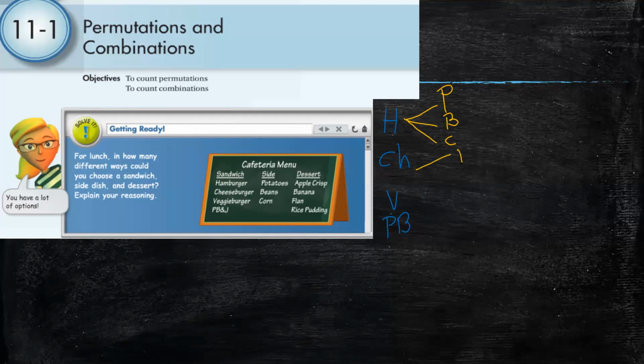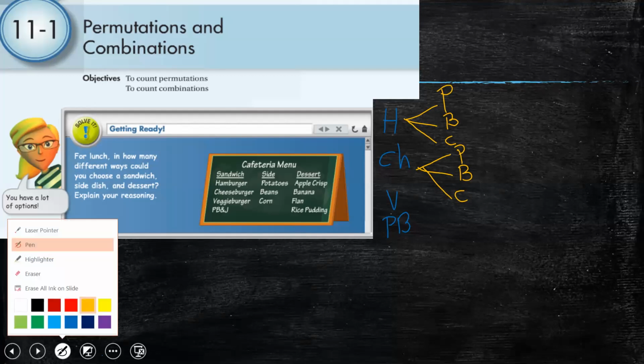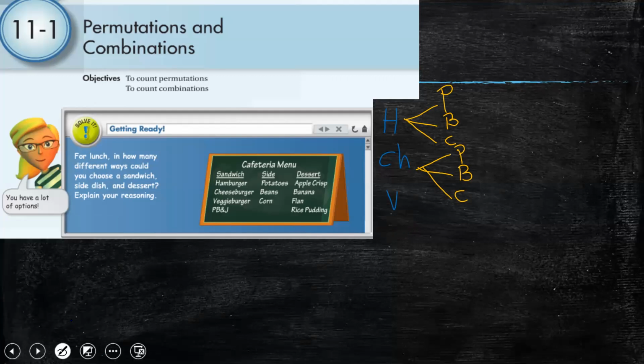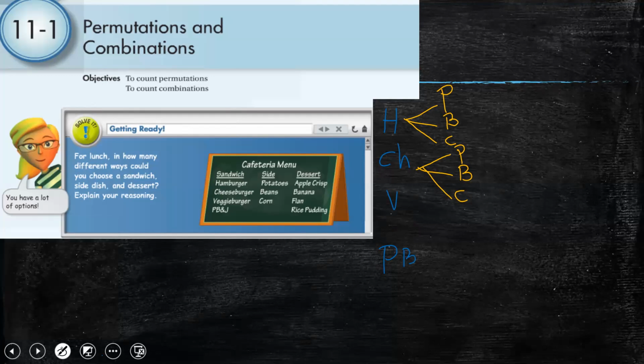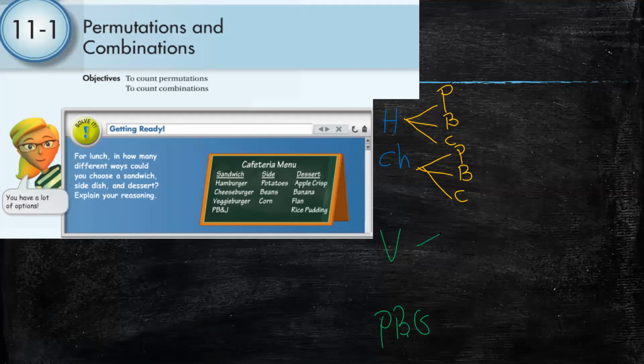With a cheeseburger, you can also take potato, beans, or corn.